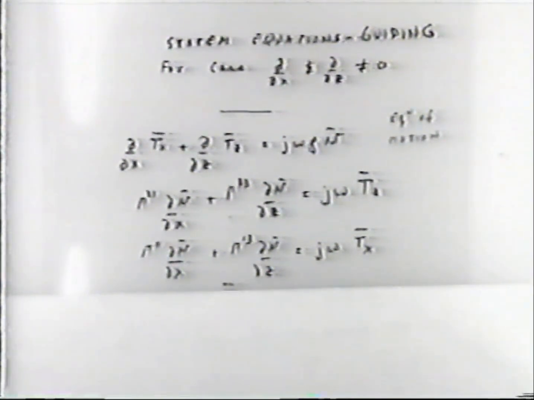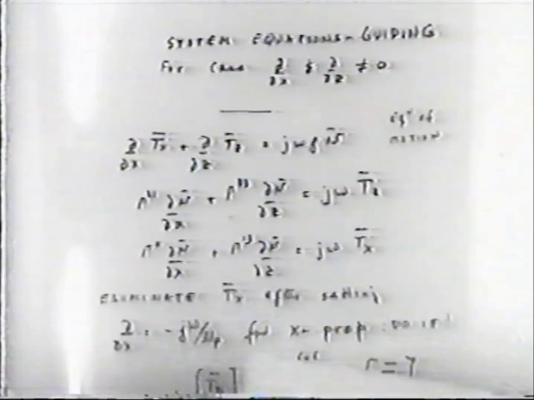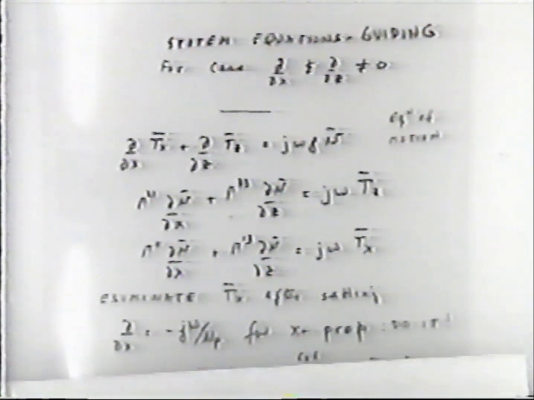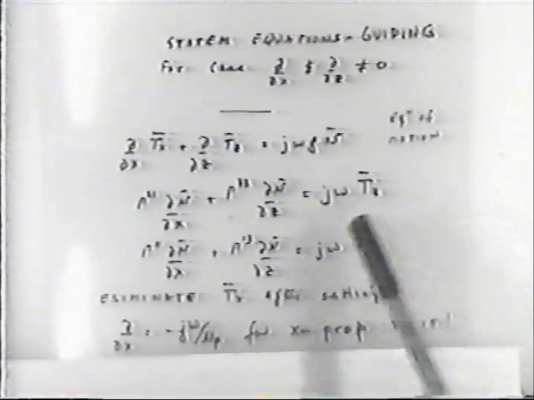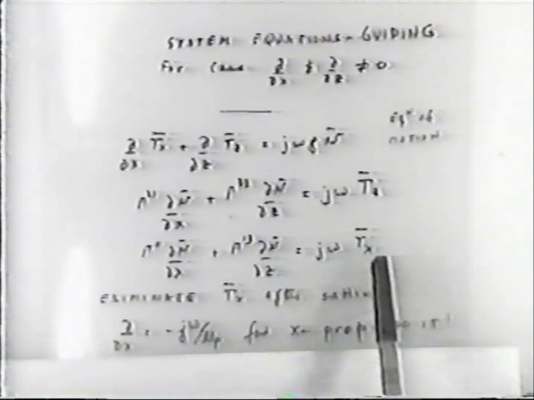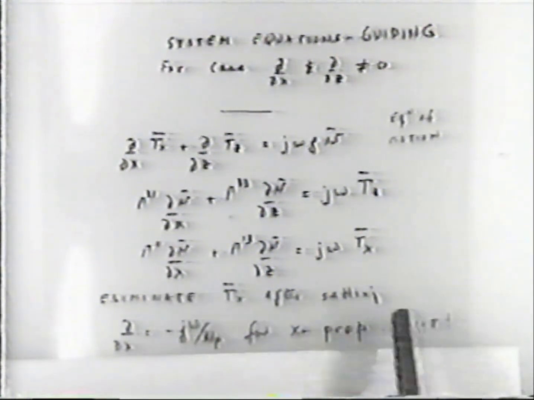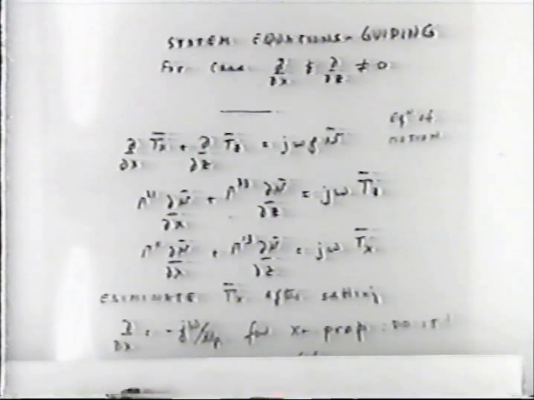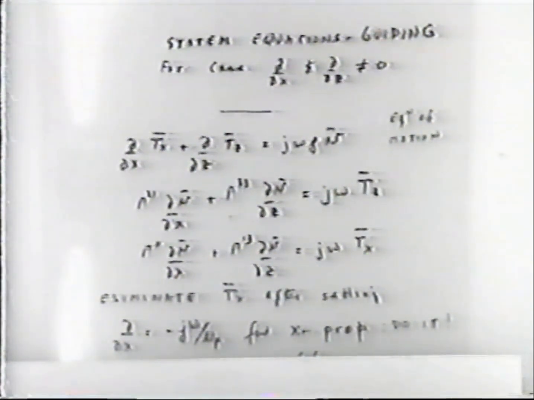So what we're going to do here is get rid of the vector t sub x. In these equations, we're going to get rid of t sub x there, t sub x here, and we also are going to set d/dx to minus j omega over v sub p for x propagation.